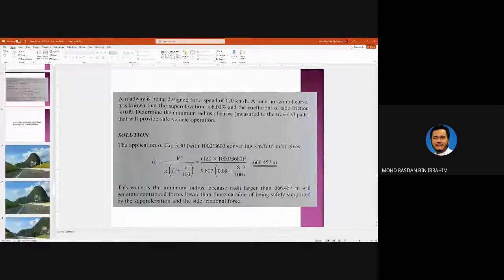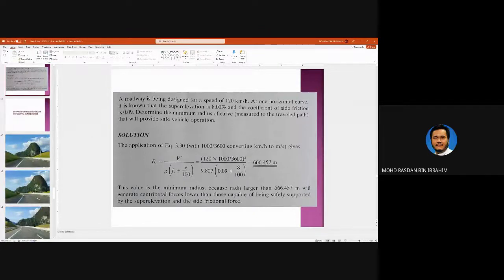Okay, so you look here at the design speed of 120 kilometers per hour, super elevation 8%, and side friction 0.09. So you use this formula RV. You need to convert this 120 kilometers per hour to meters per second.